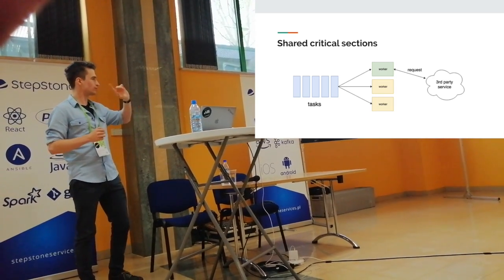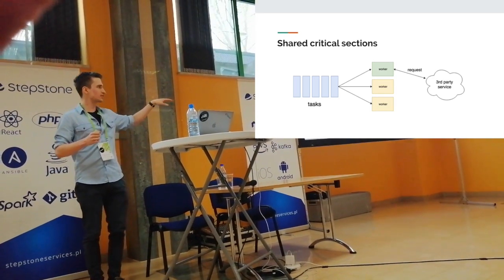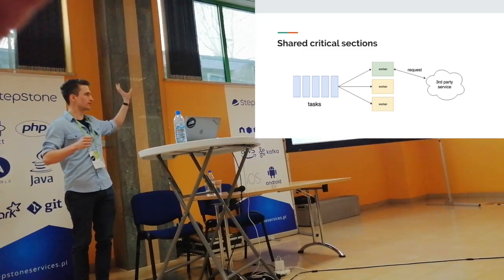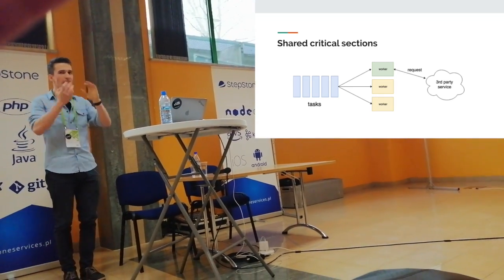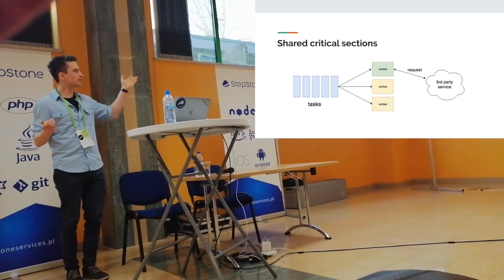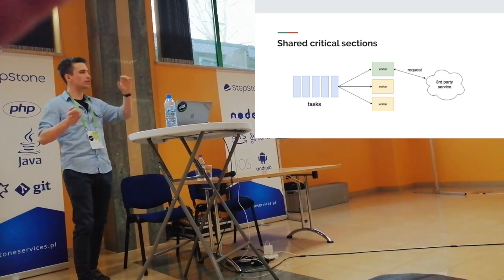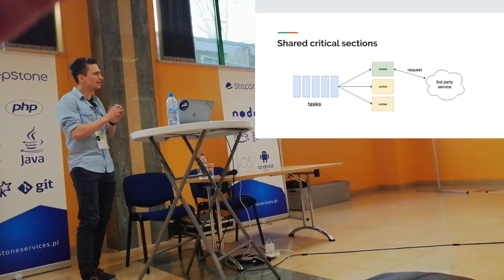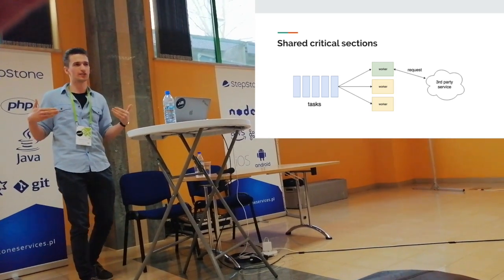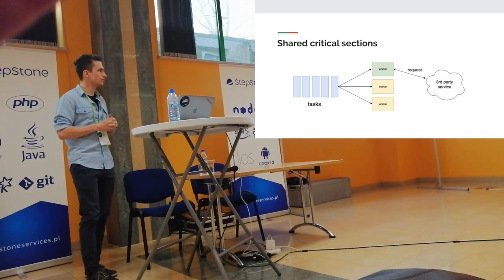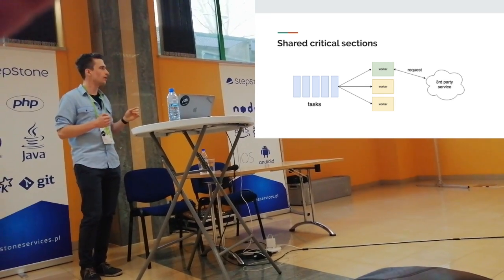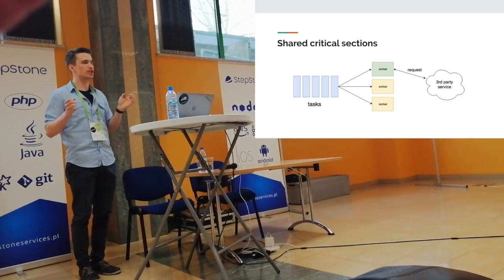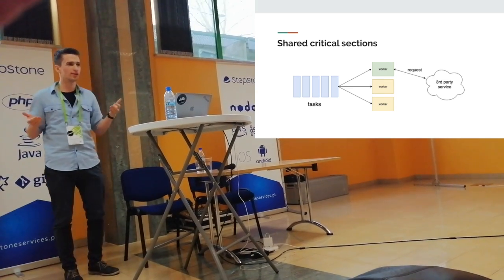So what do we have here? We have a task queue, which is our queue from the previous diagram. And we have several workers that are processing those tasks. And let's imagine that our workers are asking a third-party service for something. Let's say we are fetching some products, for example. And we cannot ask this third-party service for thousands of requests per second because they need to handle those requests.